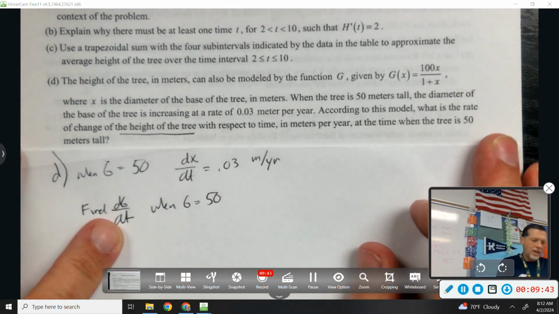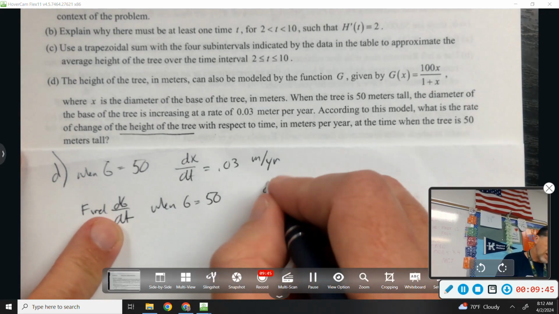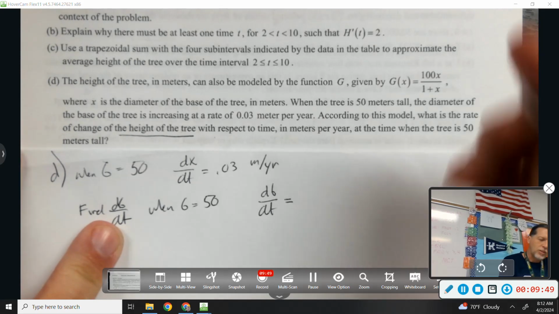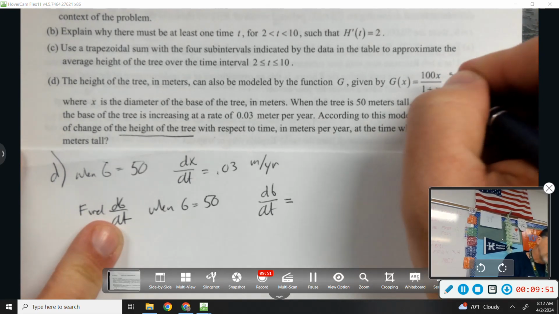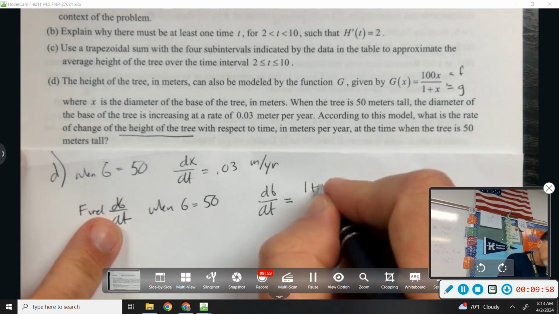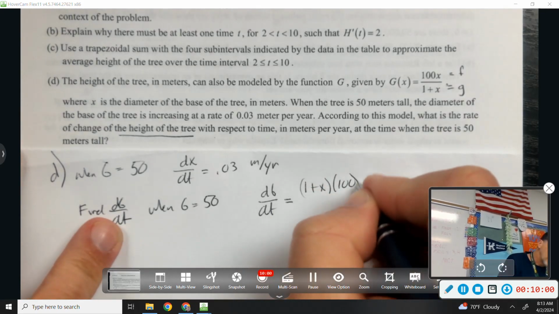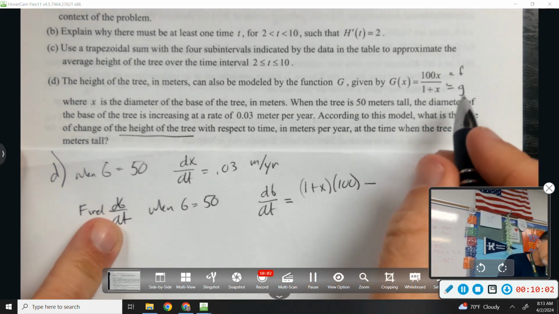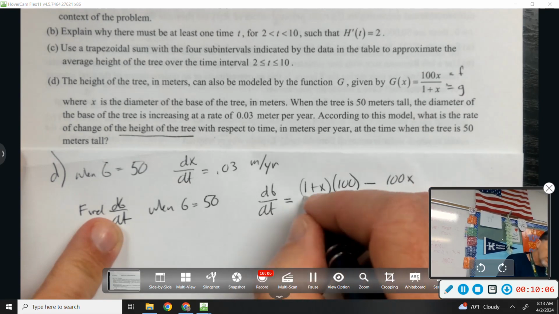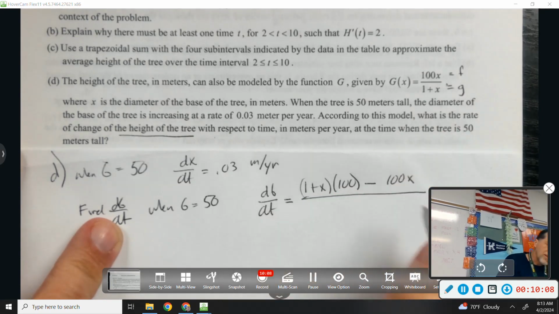So I would have to take a derivative. Let's see, dg dt. Oh, goodness, I get to use the quotient rule. So g f prime, 1 plus x times 100, minus f g prime, g prime's 1, that's nice, over g squared.